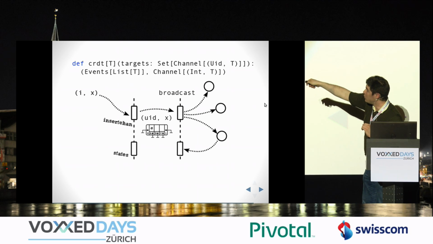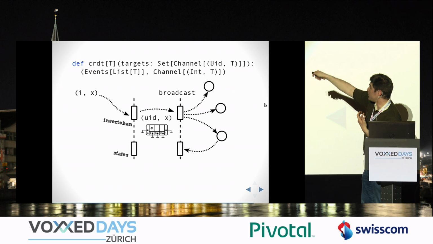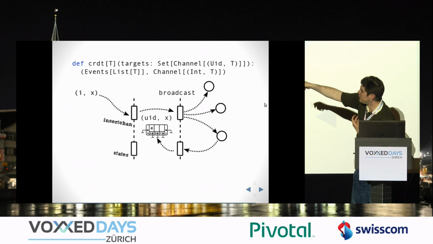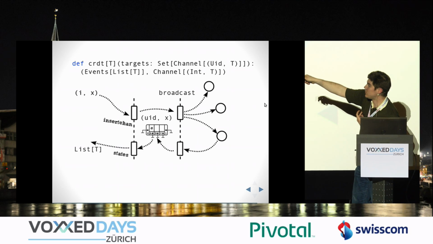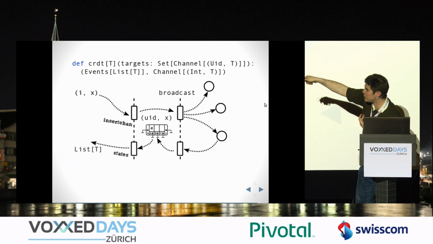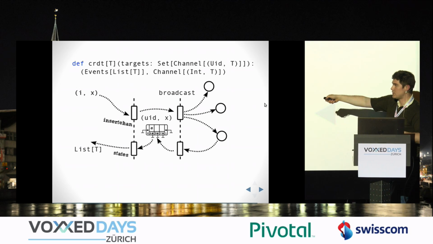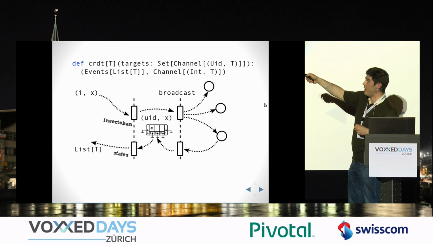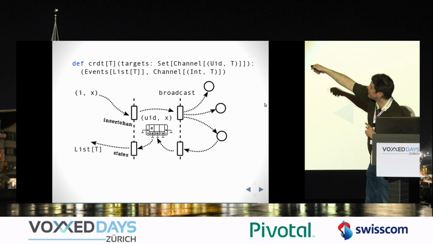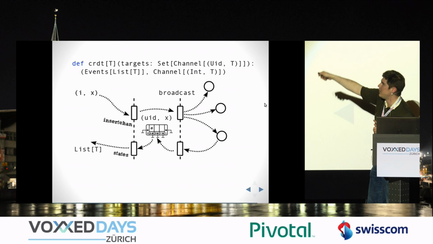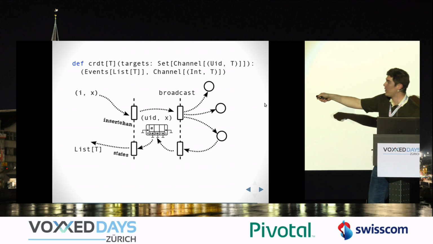Then use the receiving part of the broadcast to get updates from the other participants, use those updates to update the data structure, and then traverse the data structure and pump it out to the client as just a list of elements. And what's nice now is that the client actually no longer knows anything about the internal implementation here. It just knows the interface, which is: give me an index and an element, give me back a list of these.